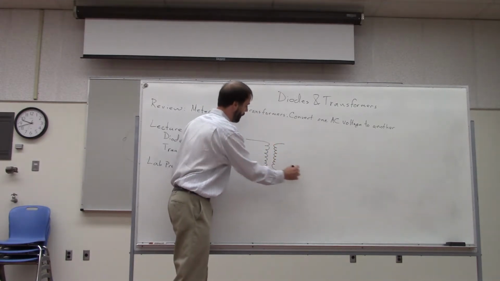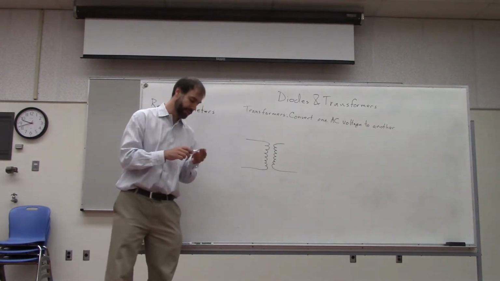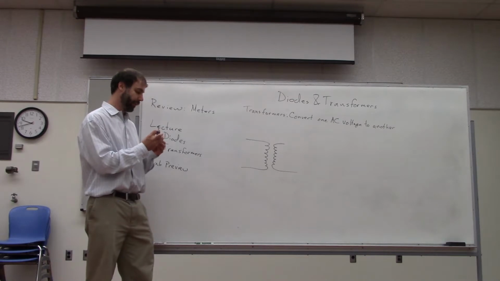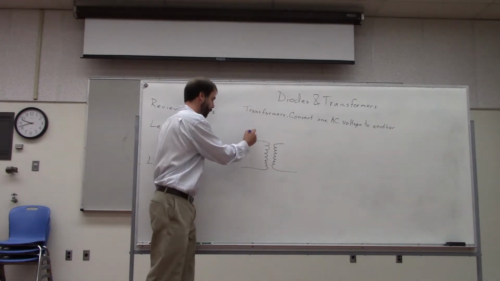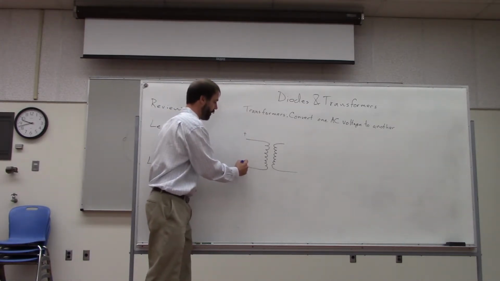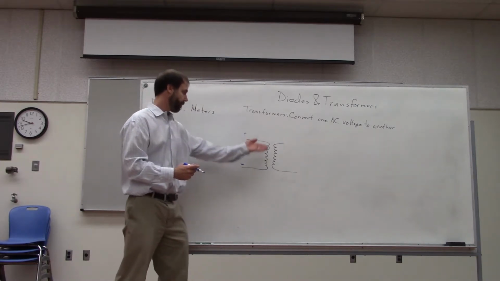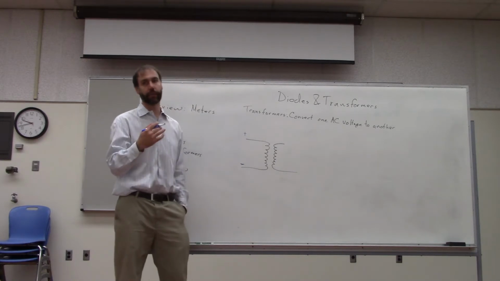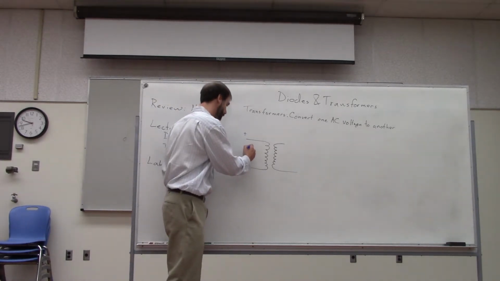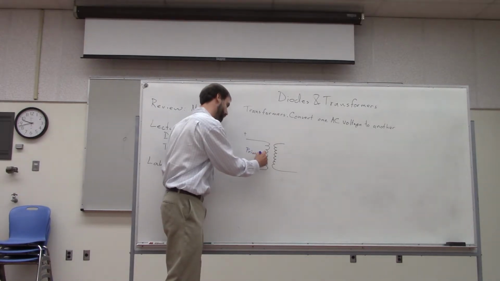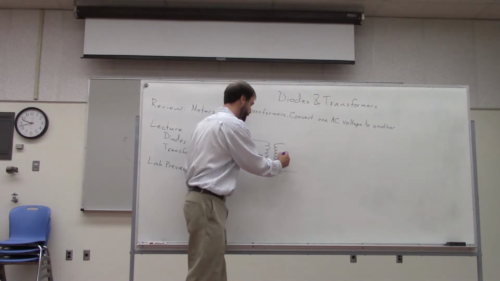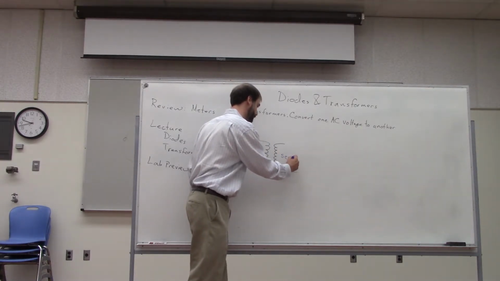And remember, you're passing AC electricity through these coils. So let's talk about what happens. At one moment you have a positive voltage up here and a negative voltage here, which you're applying to this side of the transformer. The side where you apply the voltage is called the primary side. The other side where the voltage comes out is called the secondary side.